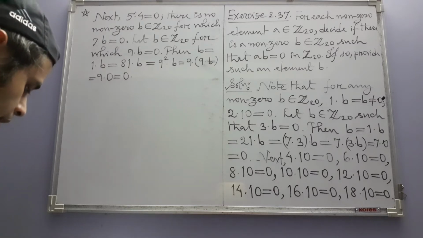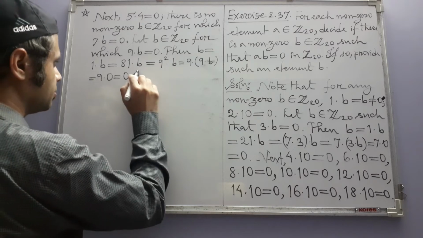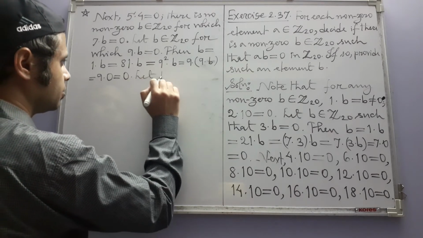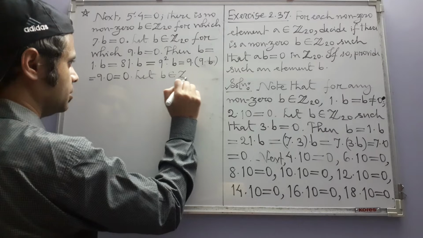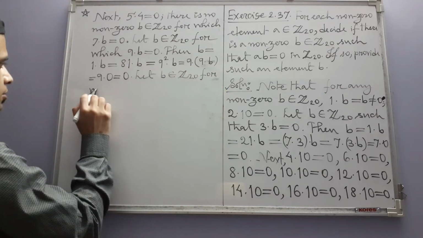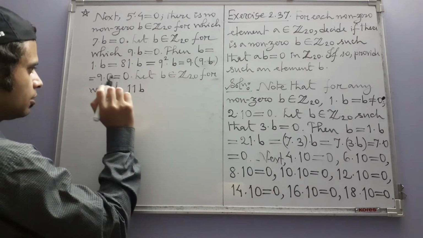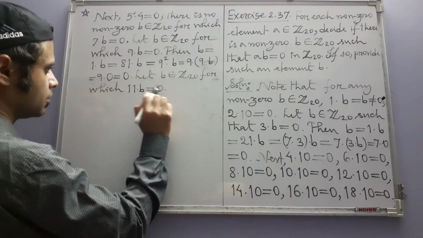Then 11. For 11 also the situation is similar. Let b belong to C20 for which 11b is equal to 0.